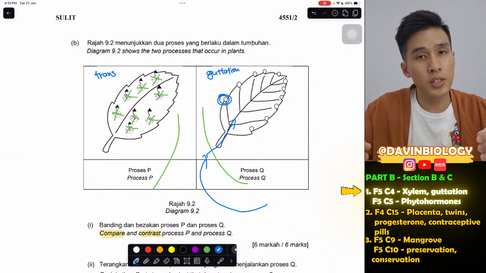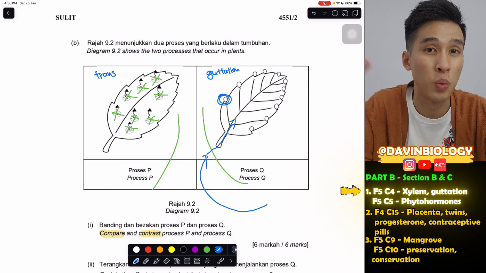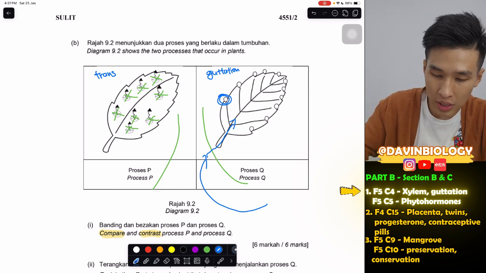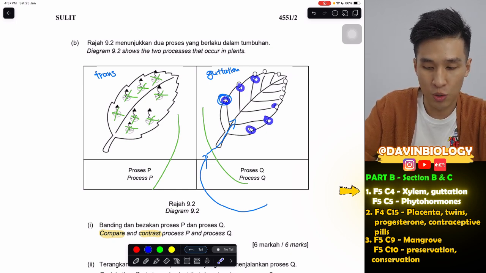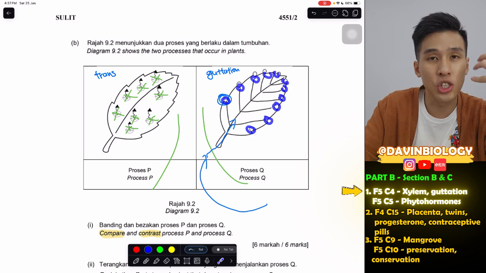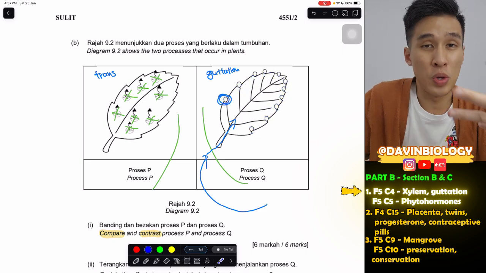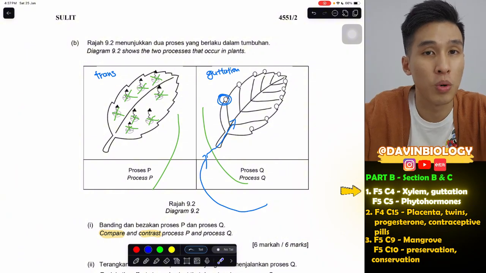If water is constantly still being pushed into the leaf, they need to find ways to get rid of the water. Since the stoma is closed, they push the water out from the side of the leaf, through another hole called hydathode. So that is why guttation occurs in plants, mainly during the night when there is no light, because the stoma is closed and they have to find another way to push the water out.